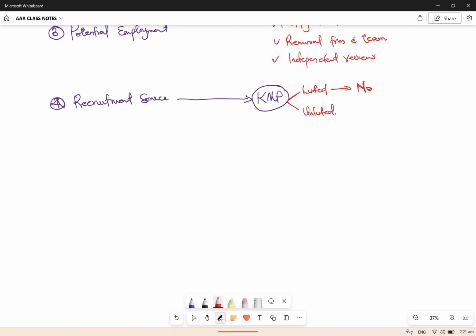If it is an unlisted company, whether it is a person of interest or not, it is a no-no. When it is a listed company, you must not do it at all. In relation to a senior manager or a director, you must not provide that service at all.